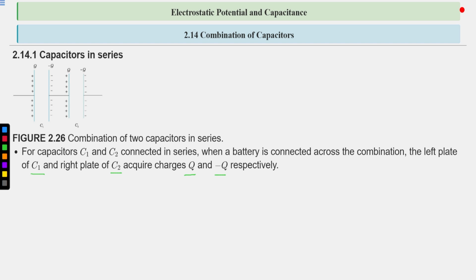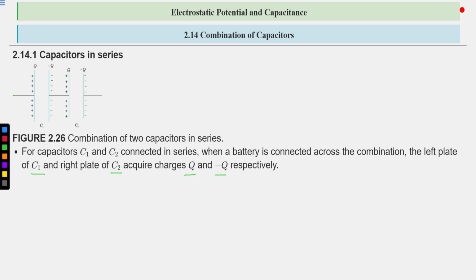If these two wires are connected across a battery, this part is connected to the positive terminal, so positive charges appear, and the other capacitor's plate is connected to the negative terminal, so negative charges appear.